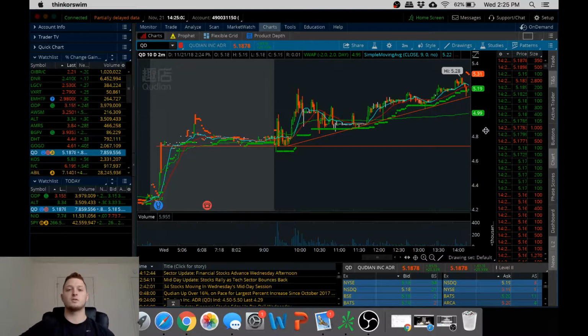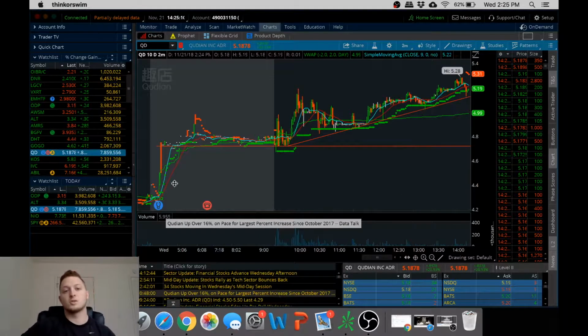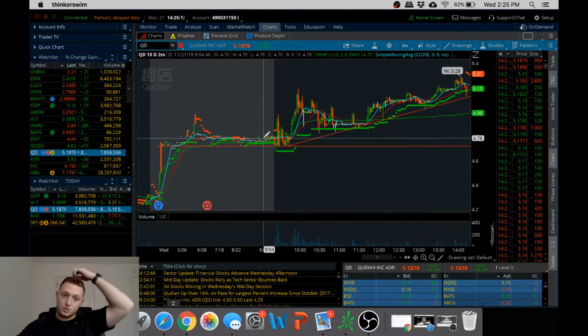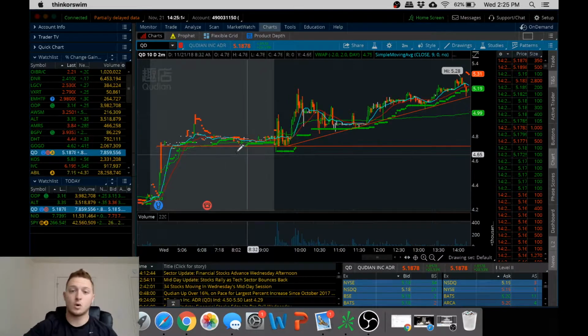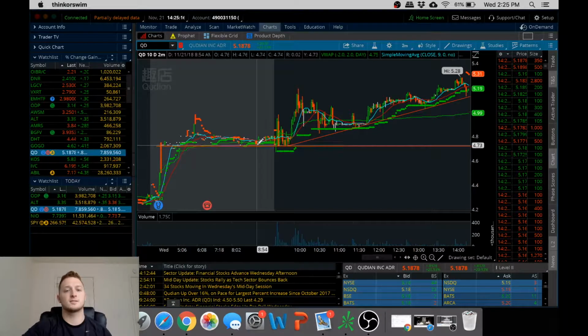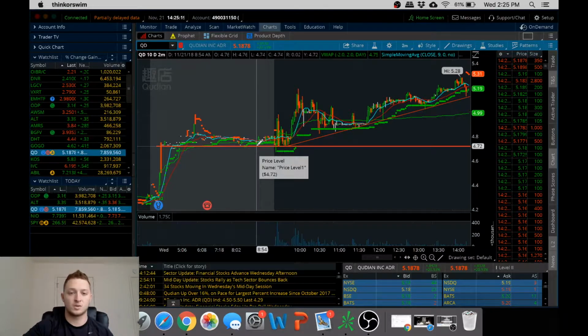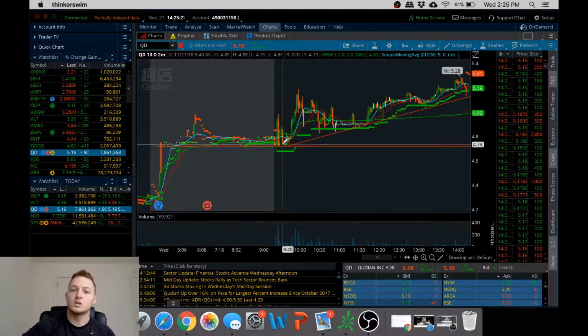since it is Thanksgiving. But with that being said, everybody, QD obviously had news this morning. Good news. So it popped up, and we were up in here. It's holding this support, is what I really like to see. It created this support. It wasn't going below it at around that 470 mark. It hit it, but it never actually went below it. Then it popped up really early, and then it fell straight back down.